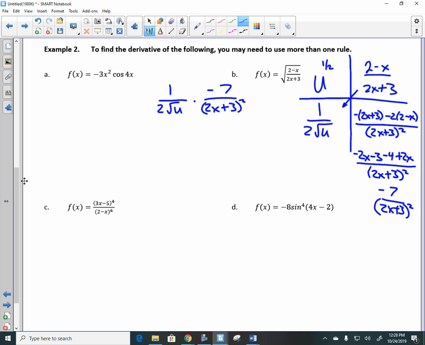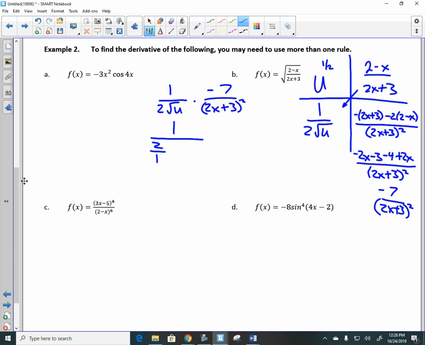Now I'm going to show you an easier way to deal with it. We're going to deal with it on this side, and we're just going to forget about that negative 7 over 2x plus 3 squared. We're going to deal with that later, okay? First, we're going to deal with the complex fraction. So what I have is 1 over, and would you agree that this is 2 over 1 roots of u?